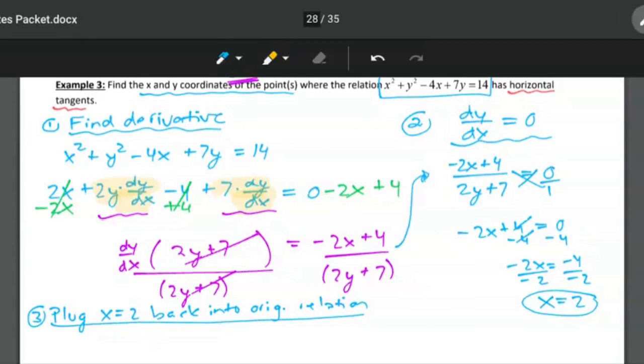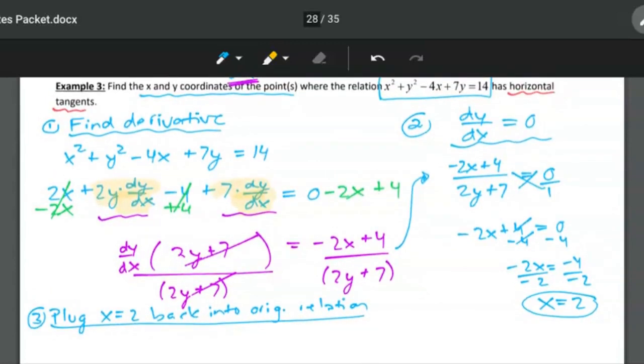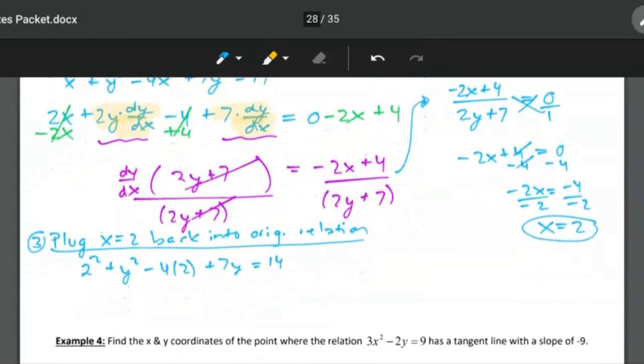So our original relation, x squared, I'm going to plug in 2 for x, so it's 2 squared plus y squared minus 4x, so 4 times 2, plus 7y equals 14. And we have to solve that.